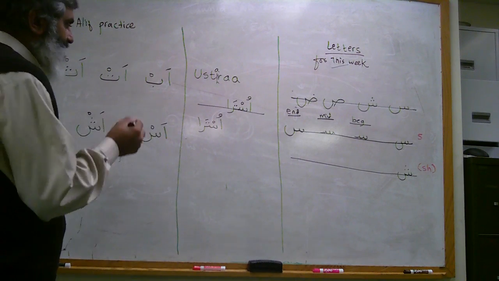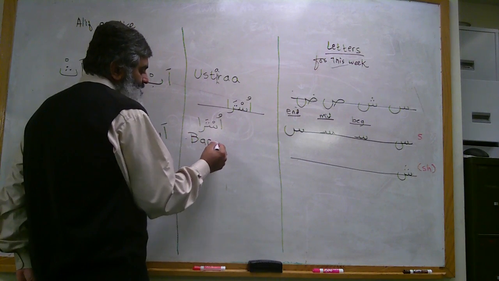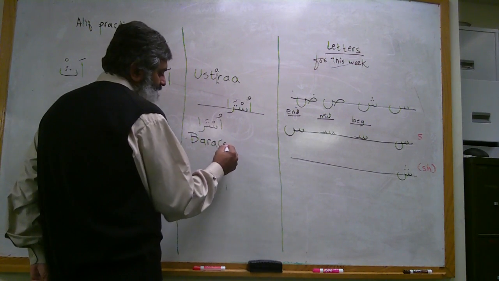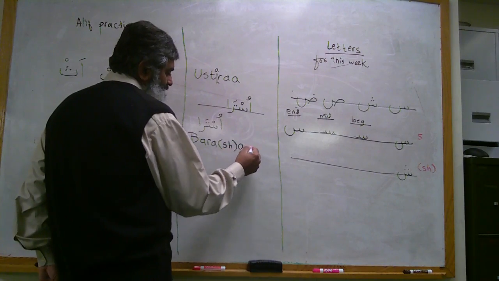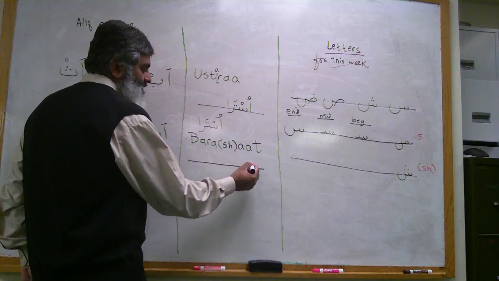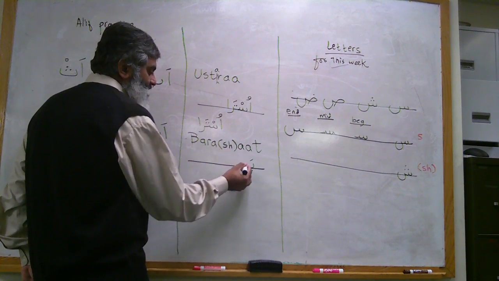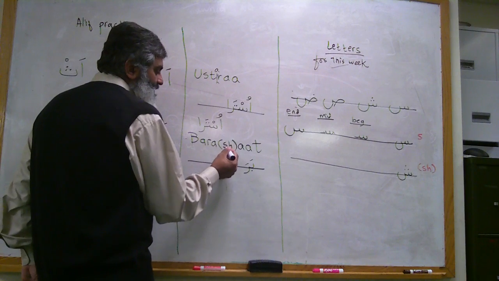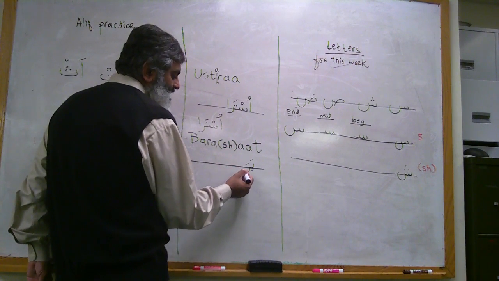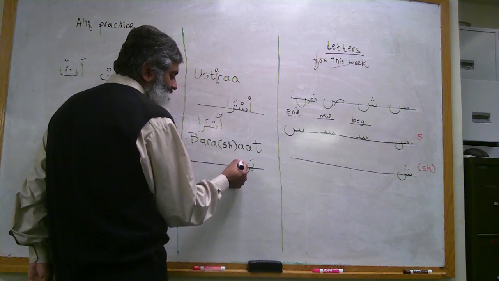Similarly, another word. Ba with fatha, Ra with fatha. Sheen, the middle form, wants to go and connect with Ra, but Ra refuses, so Sheen will go by itself.